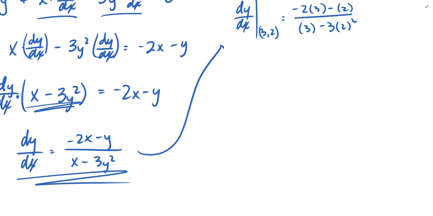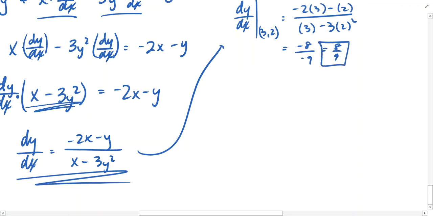So here I've made my substitutions: negative 2 times 3 minus 2, divided by 3 minus 3 times 2 squared. In the numerator, we end up with negative 8. In the denominator, we get negative 9, which is going to simplify to 8/9.